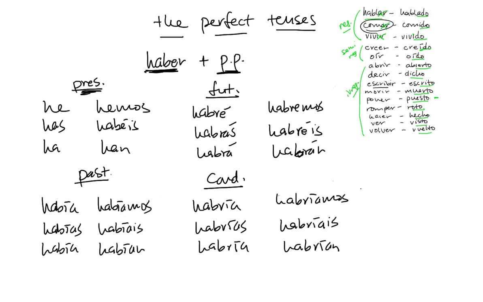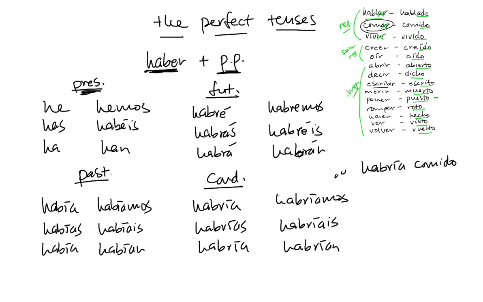Combine this with your past participle and you can guess, I would have plus the past participle. For example, I would have eaten. Yo habría comido. I would have eaten if I had had more time. Something along those lines. Okay? There you have the perfect tenses.